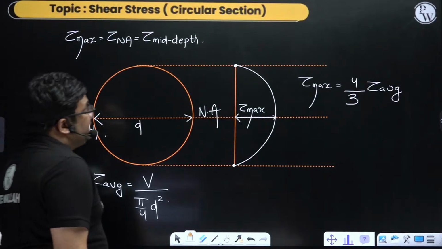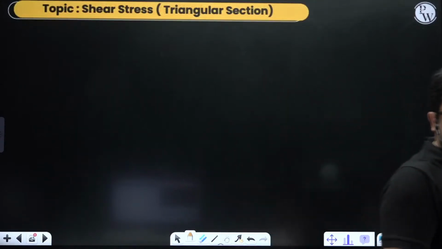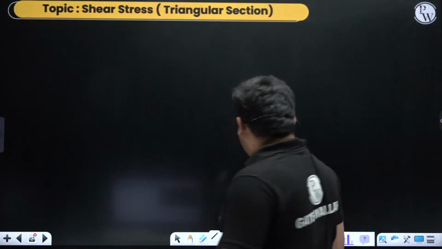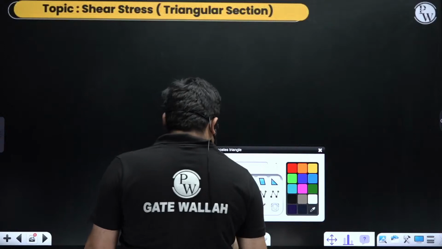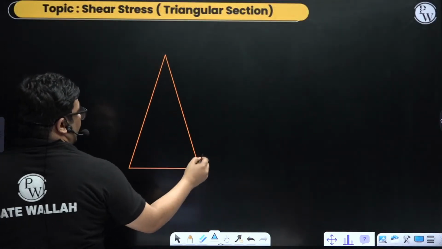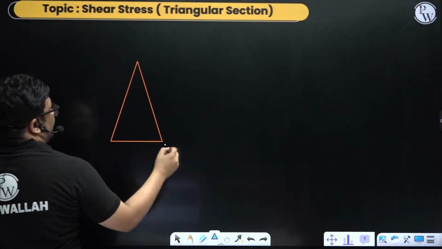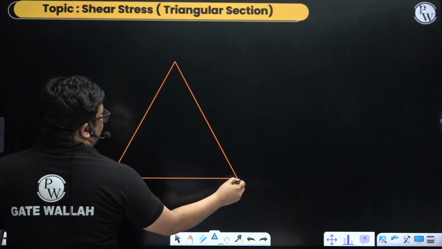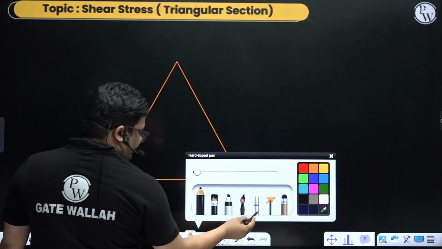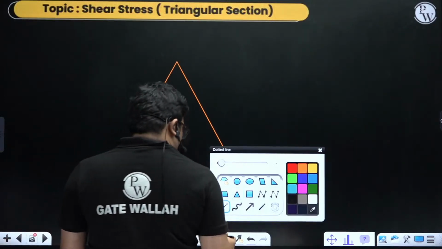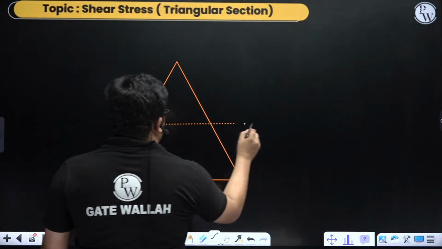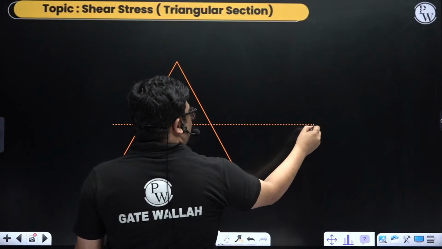For a triangular section, the things are a little different, and we should know that. They ask questions, we'll solve questions also. For a triangular section, if I am interested in finding the shear stress, then here the maximum shear stress occurs at the mid depth only, but here the mid depth is not the neutral axis, right?